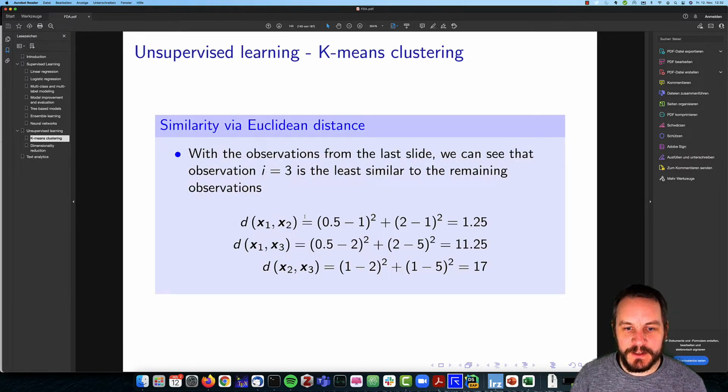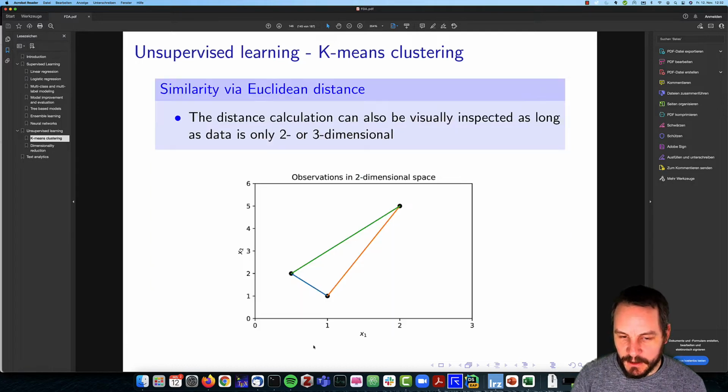If we do this for this simplified example, we have a single number that tells us that observations 1 and 2 are kind of close to each other, and that observations 1 and 3 and 2 and 3 are farther away from each other. That means observation 3 is likely to be farther away from 1 and 2 than 1 is from 2.